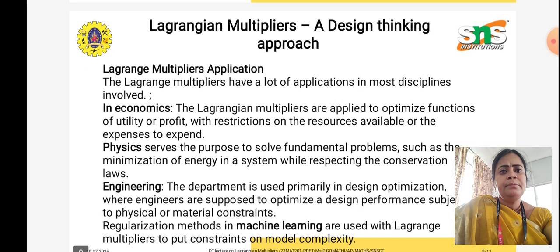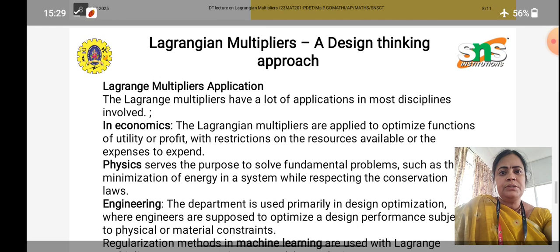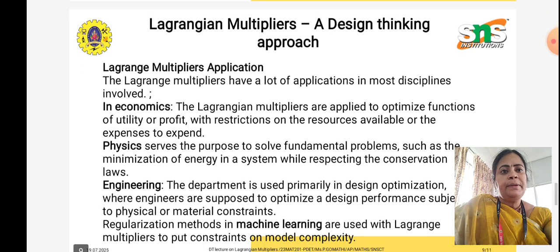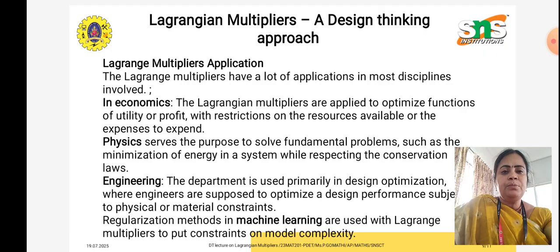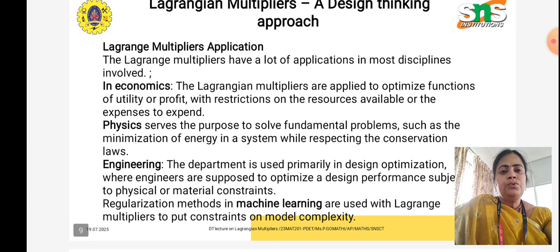Next, let us see some basic applications. Lagrangian multipliers have a lot of applications in most disciplines. In economics, they are applied to optimize utility or profit functions with restrictions on the resources available or the expenses to be spent. In physics, they serve to solve fundamental problems such as the minimization of energy in a system while respecting the conservation laws.